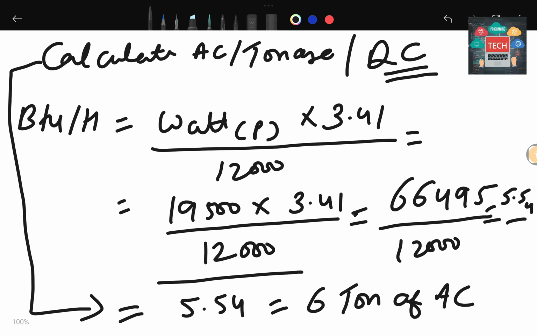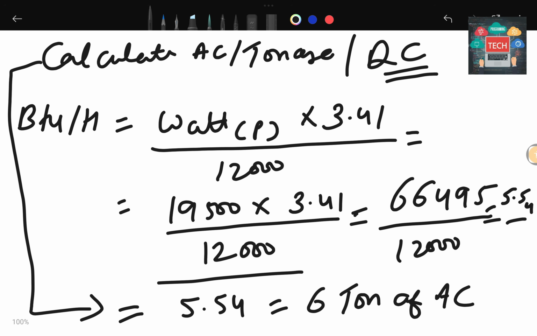So basically, when we do data center capacity planning, the AC is also calculated. How much AC tonnage is required in the data center depends on the room size as well as the network infrastructure required in the data center.